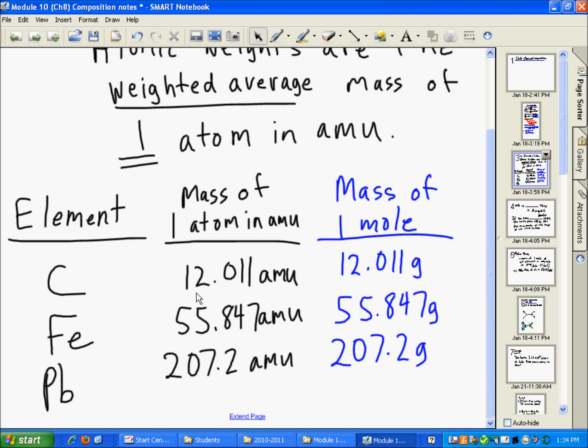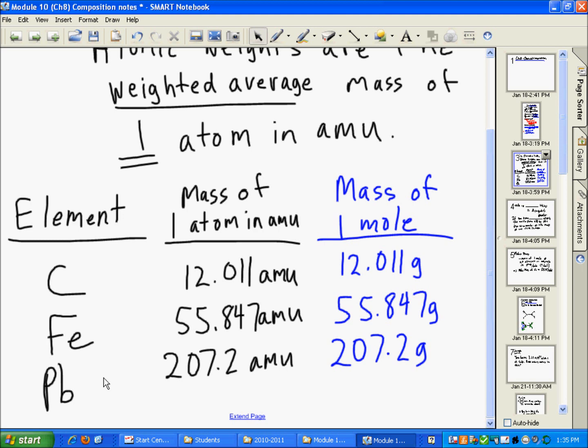The weight of carbon is 12.011 AMU. That's the average for one atom. For iron, it is 55.847 atomic mass units on average for one atom. And if you go find iron in the periodic table, you'll find that's the atomic weight that's listed for it.